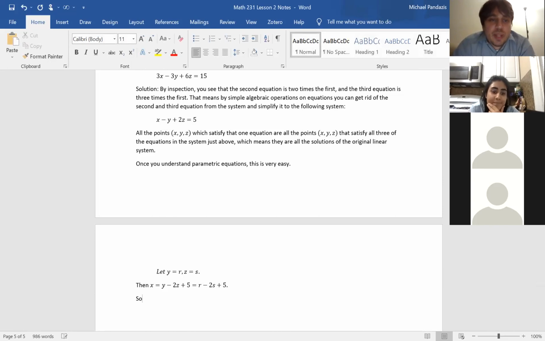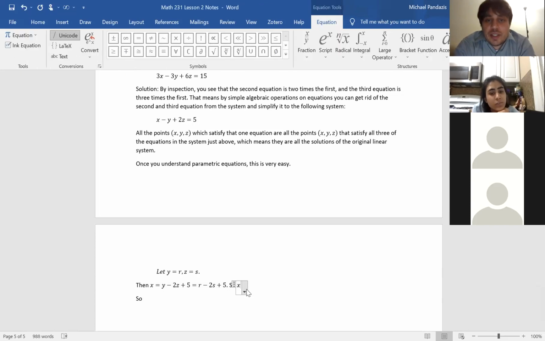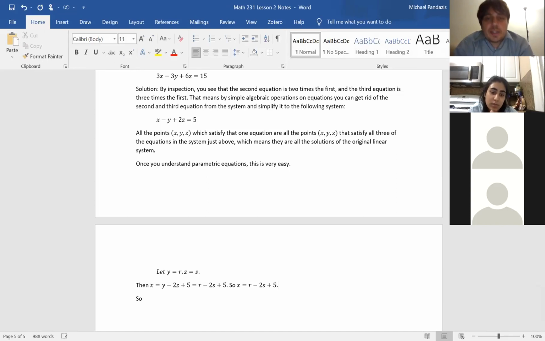And so we have x is equal to r minus 2s plus 5.